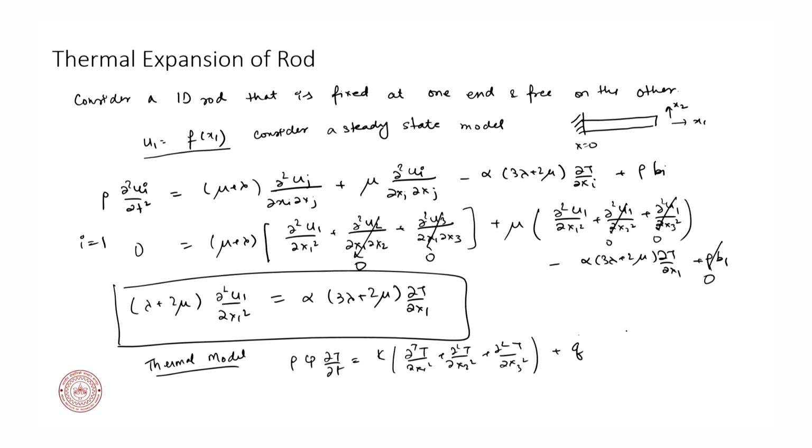Now, again temperature is only a function of x1. In that case, the time derivative is 0, x2 variations and x3 variations are 0, and we can write rho Cp del T by del t is equal to K del square T by del x1 square plus Q dot. Oh, and the first term is also 0, its time variation is 0.